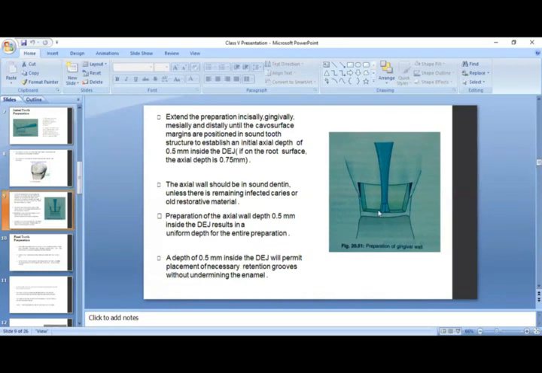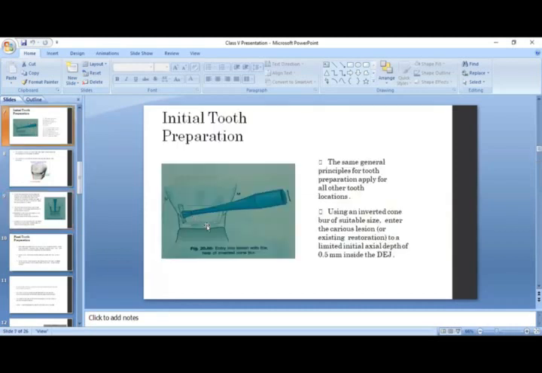This is the axial wall. Retention grooves are placed on that. Is that clear?